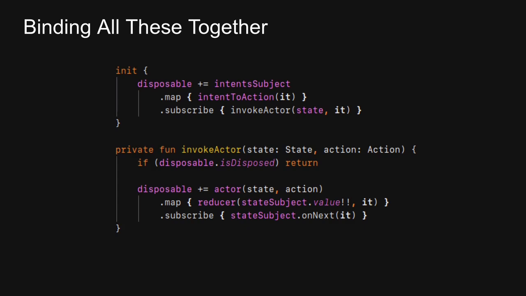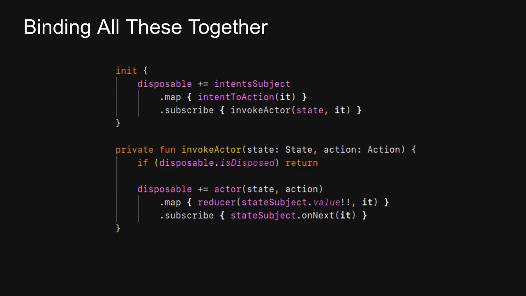Now it's time to bind all these things together. So in the init block of this, I have subscribed to my intent. So basically I first map the intent to the action, and then I subscribe to it by an invoke actor function. And the result of this subscribe function is a disposable. So I have added the disposable into the composite disposable container. Now I have an invoke actor function.